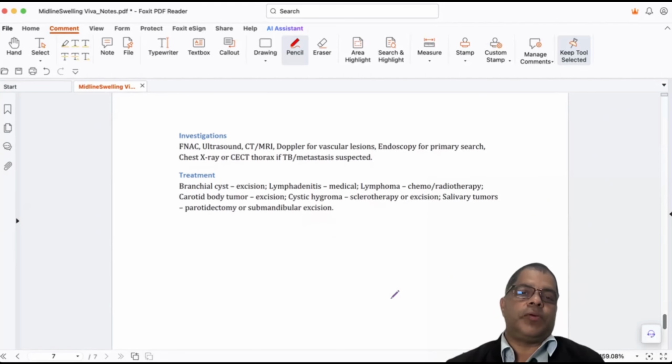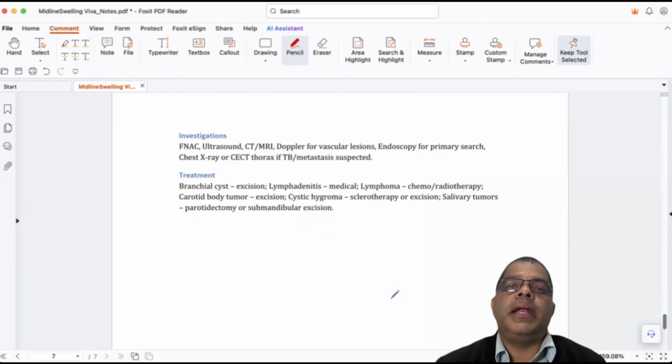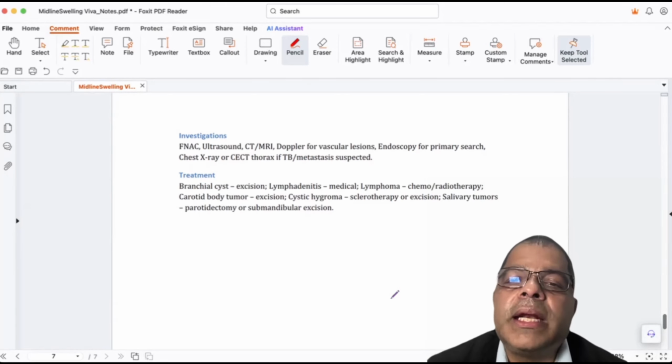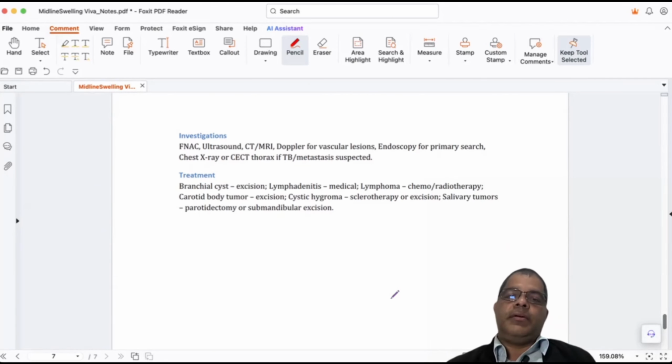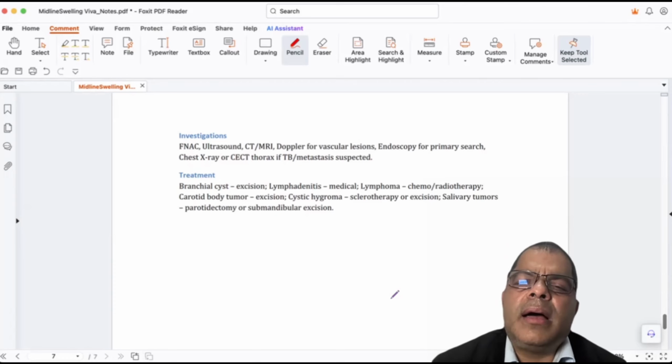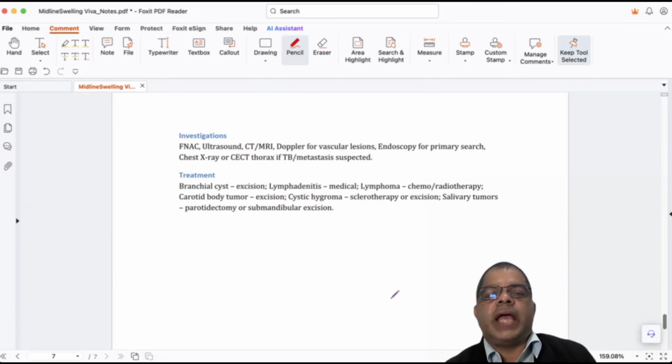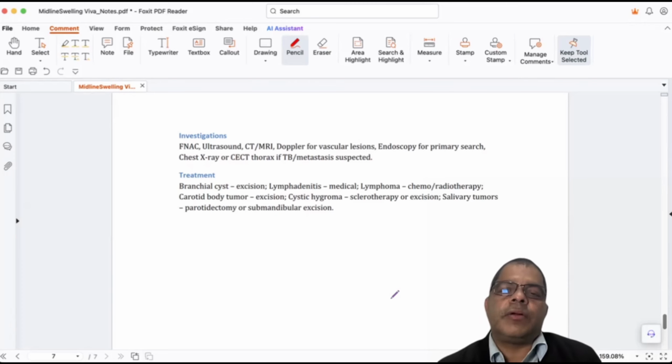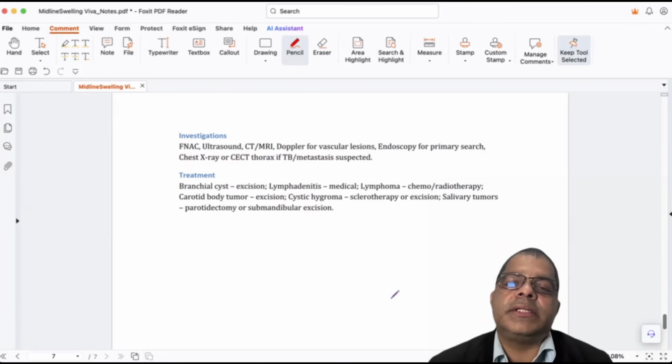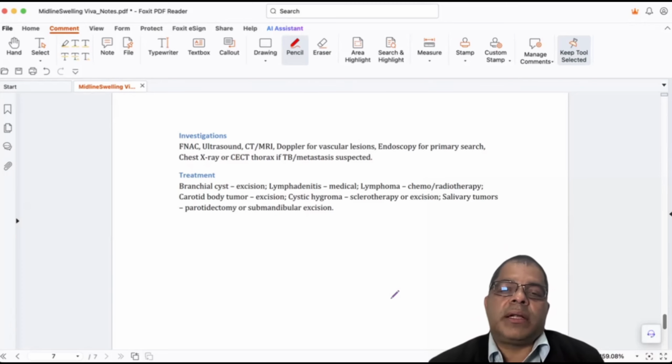Treatment wise, branchial cyst, what do you do? Branchial cyst, you have to excise. Lymph node, maybe medical treatment, you give just antibiotics. Lymphoma, here you have to give chemoradiation. Carotid body tumor, excision. Cystic hygroma, some small cystic hygroma can be helped by sclerotherapy, but if the disease is large, you cannot do sclerotherapy.